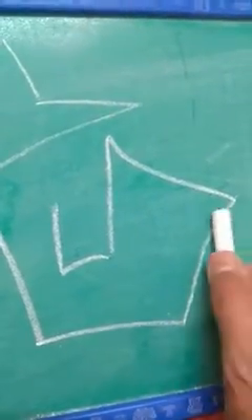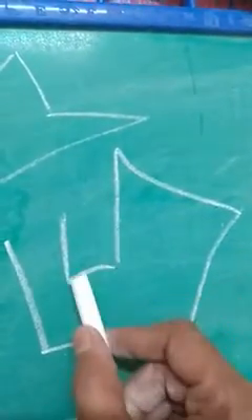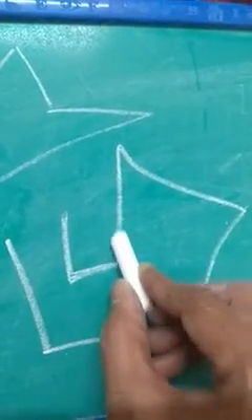So this is a line segment, this is a line segment, this is a line segment, this is a line segment. So these are all line segments, but it is an open curve. So this completes your 4.2.